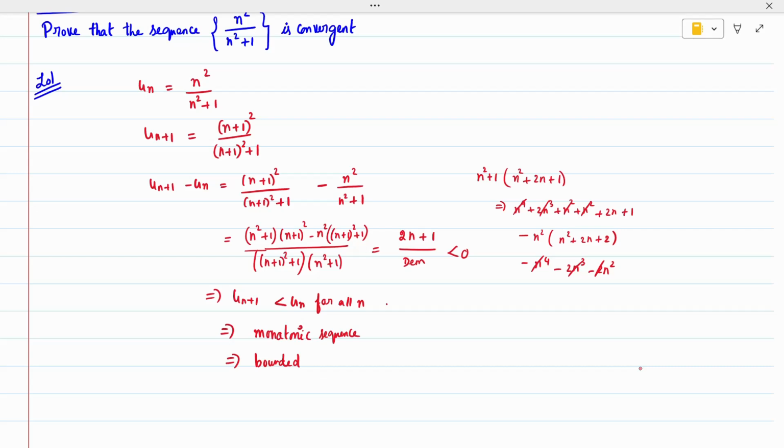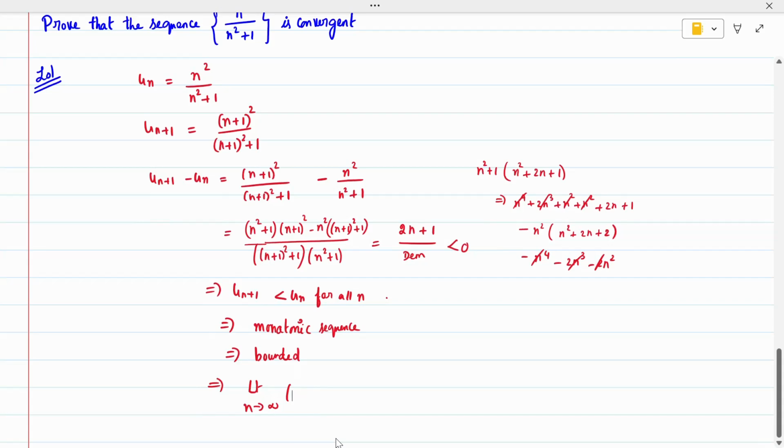Now only we have to check whether it is convergent. Okay, so convergence, how we can check it: limit n tending to infinity of un. So starting I have taken un, so same un I will take. So limit n tending to infinity of n squared divided by n squared plus 1.